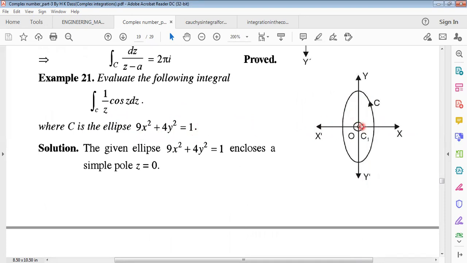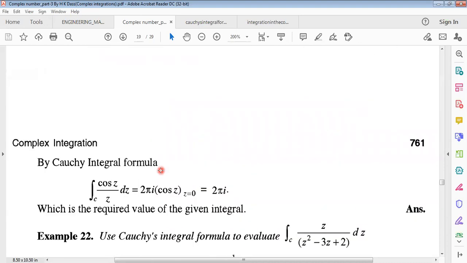Actually, the imaginary axis is bigger than the real axis. So the given ellipse encloses a simple pole at z equals 0, because if we take z equals 0, this becomes undefined. 1 by 0 means undefined. This is why z equals 0 is the simple pole.